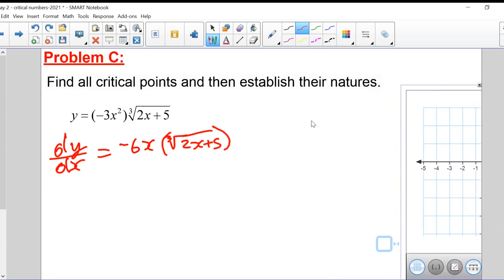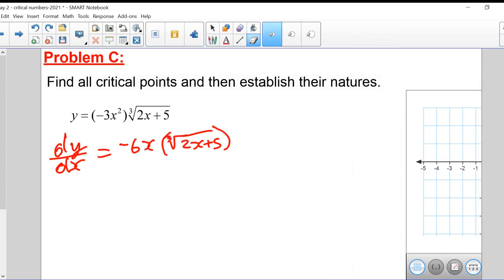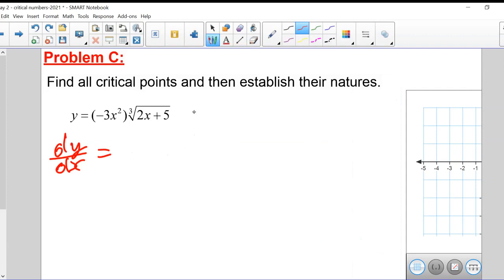You can bring that back in later on. Actually, I'm going to take this and make it into an exponent. So let's change this up a bit. I'm going to rewrite this as minus 3x squared times 2x plus 5 to the 1 over 3, just to make things easier for all of us.